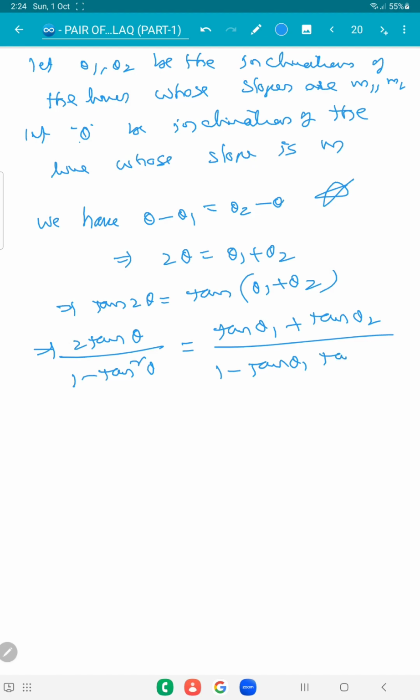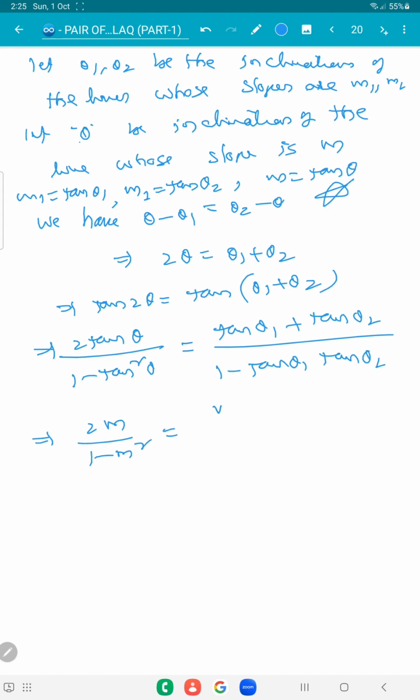Since these are the inclinations, m1 is equal to tan theta 1, m2 is equal to tan theta 2; slope is tan of the inclination, m is equal to tan theta. Substitute here: 2m by 1 minus m square is equal to m1 plus m2 by 1 minus m1 m2.